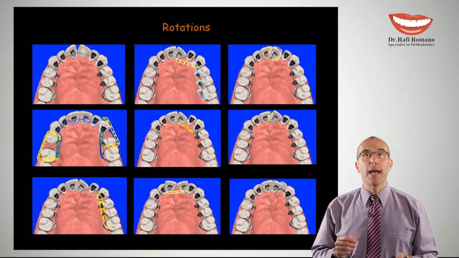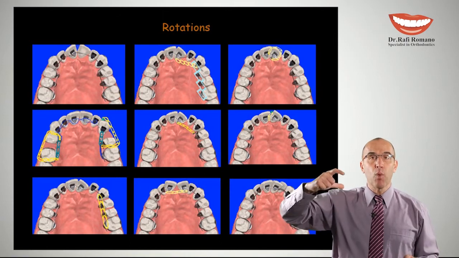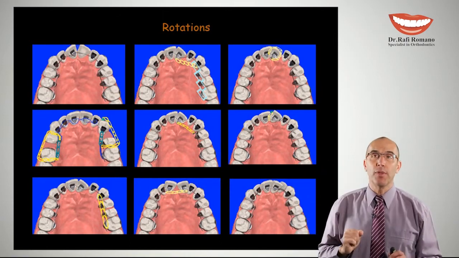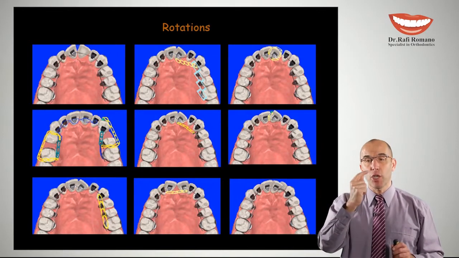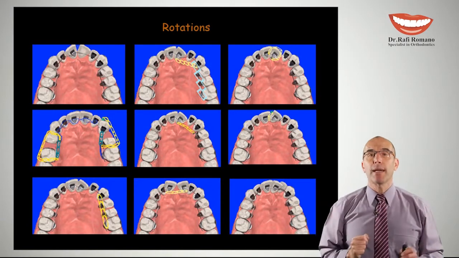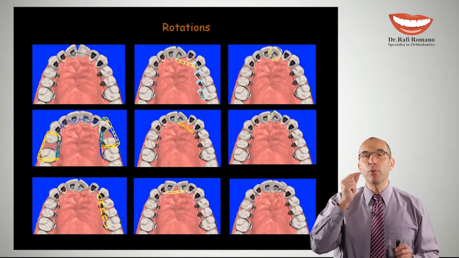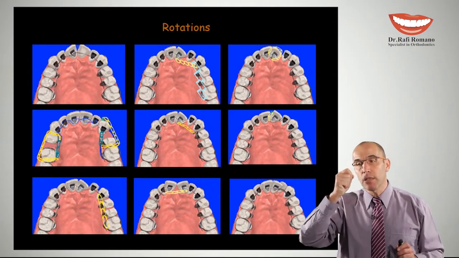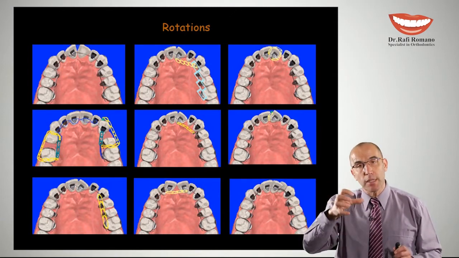You can sometimes fix one section and then create a power chain to rotate a tooth. We can have a power chain that goes around the buccal area coming back to the tooth. We can put a transparent buccal button and from the button tie a power chain to rotate a tooth.